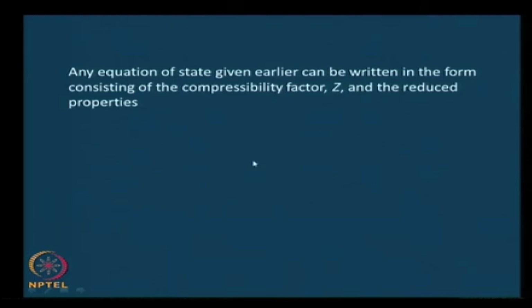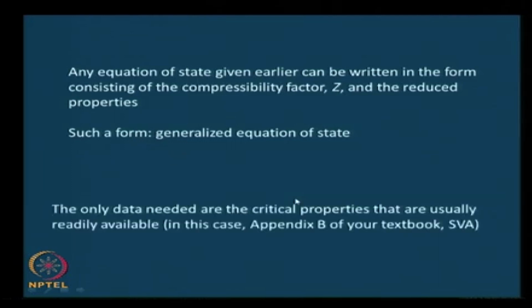If it is written in that form, it is called the generalized equation of state. The big advantage is that the only data one requires to use that equation are the critical properties that are usually found in tables, such as the one available in your textbook.